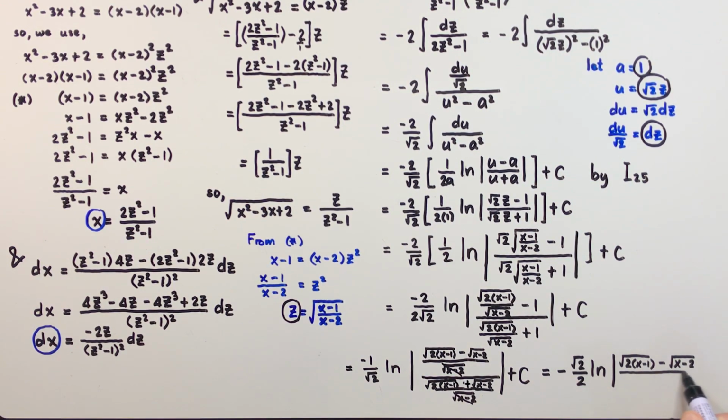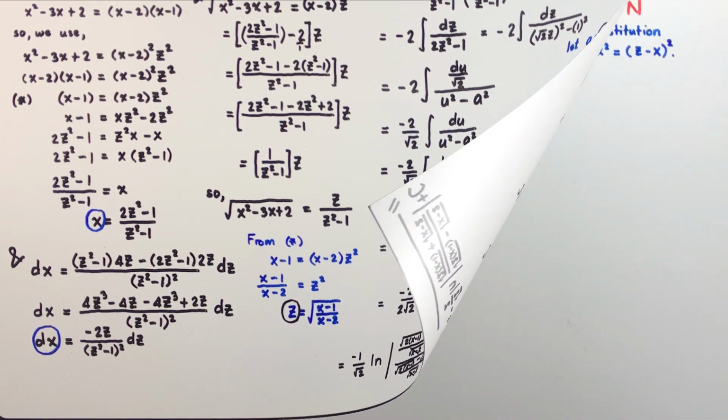And this is also divided by the square root of 2 times x minus 1 plus the square root of x minus 2. Hence, this is our answer for this example here.